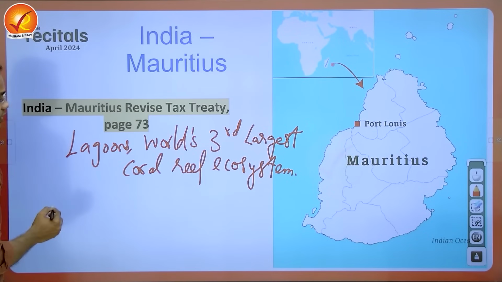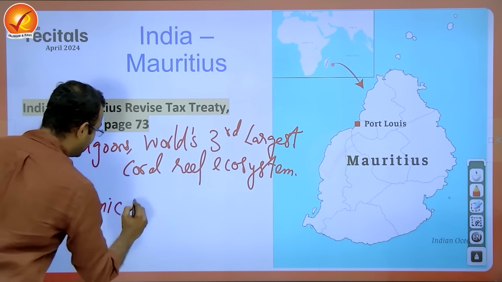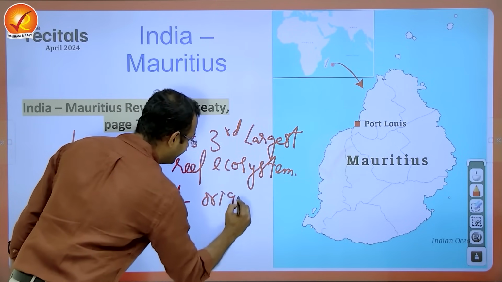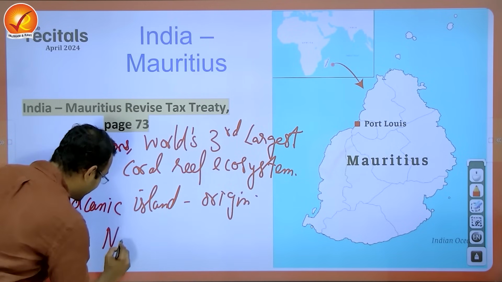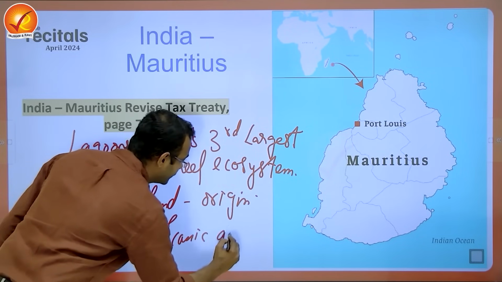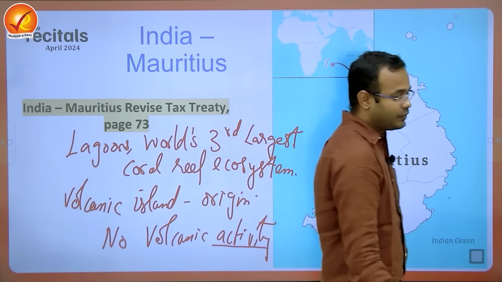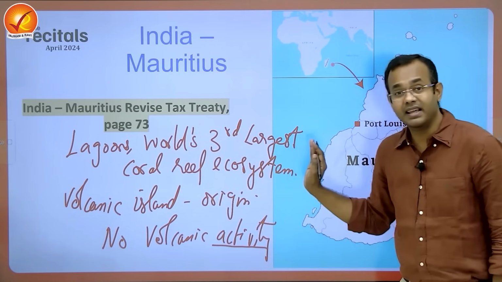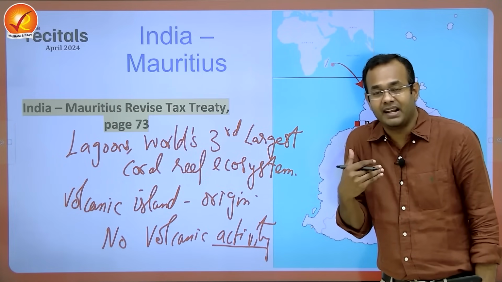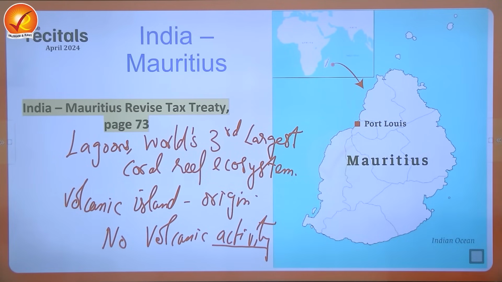We also said this is an island of volcanic origin, but currently there is no volcanic activity. Though it is of volcanic origin, it is no longer volcanically active in the present conditions.